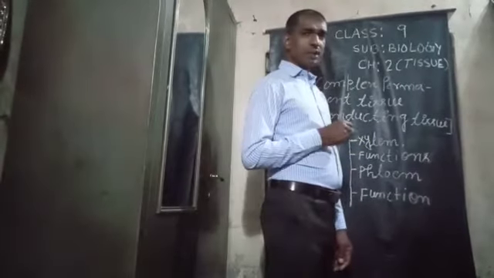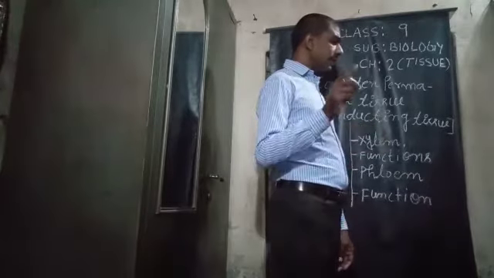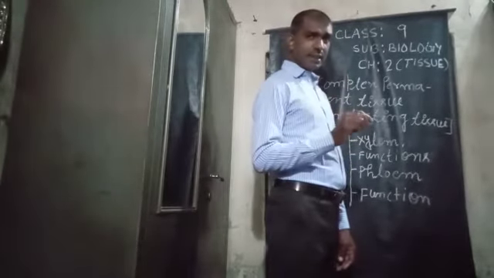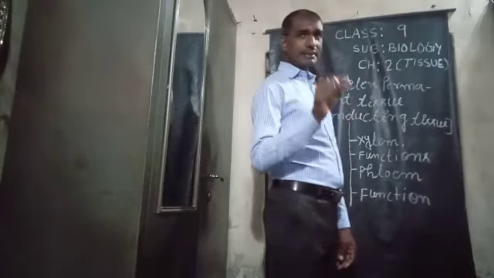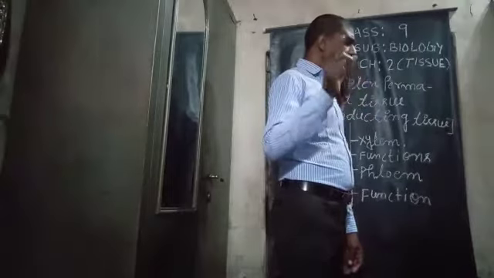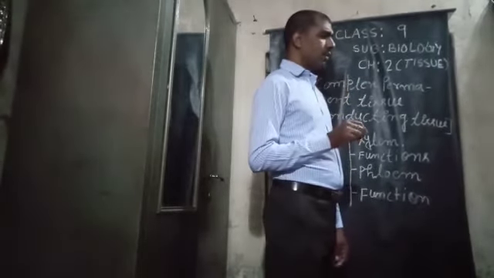After that, I am going to describe companion cells. Companion cells lie on the sides of sieve tubes and are connected with them through the plasmodesmata.